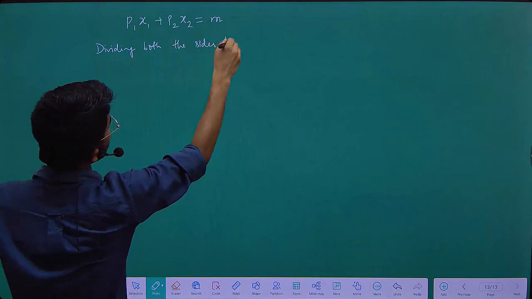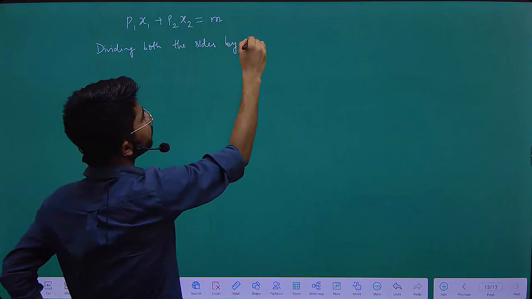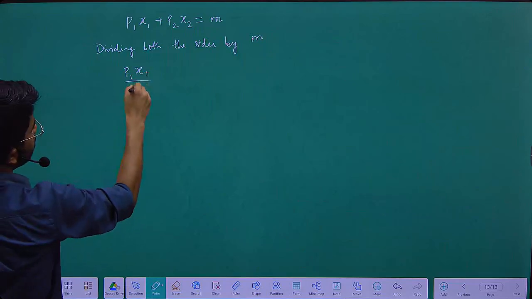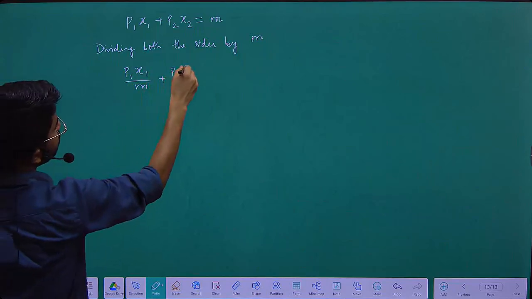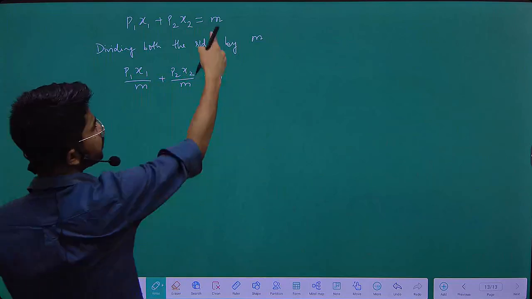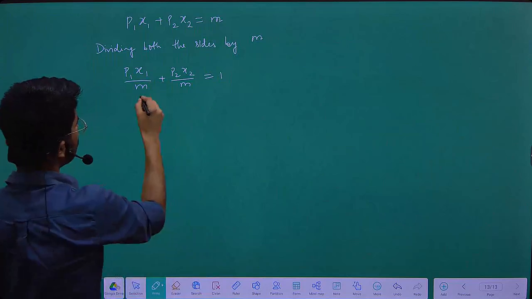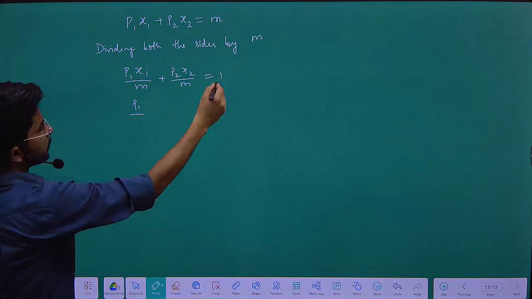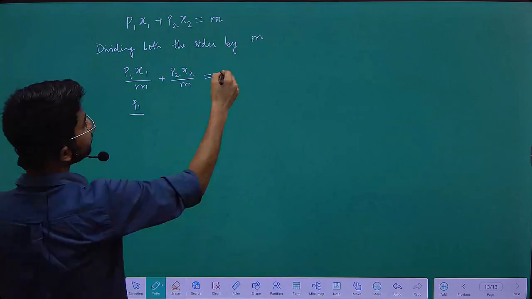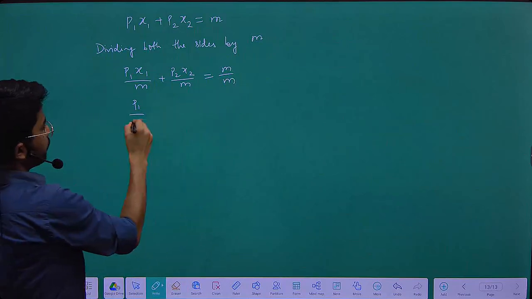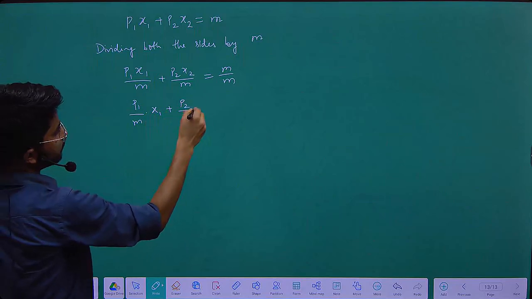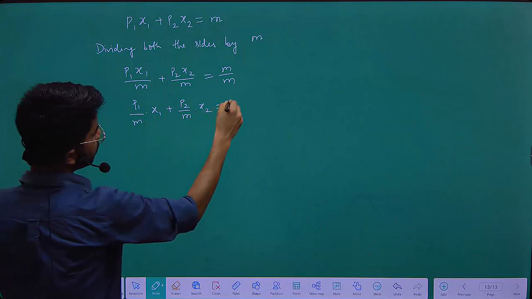In that case you get p1 x1 upon m plus p2 x2 upon m equal to 1, because m by m is 1. Or you can write this as p1 upon m times x1 plus p2 upon m into x2 equal to 1.